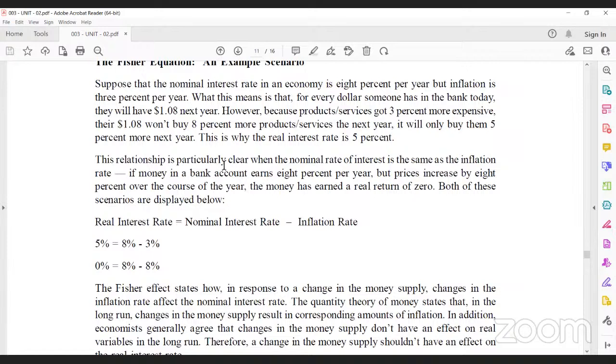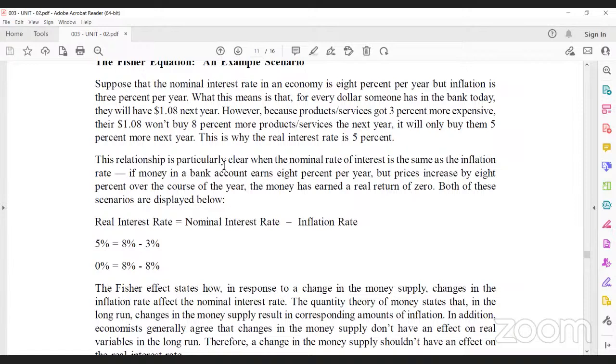This means that they can buy only 5% more. And this is why the real interest rate is 5%. In the above example, the real interest rate equals the nominal interest rate minus the inflation rate. The relationship we can clearly see.